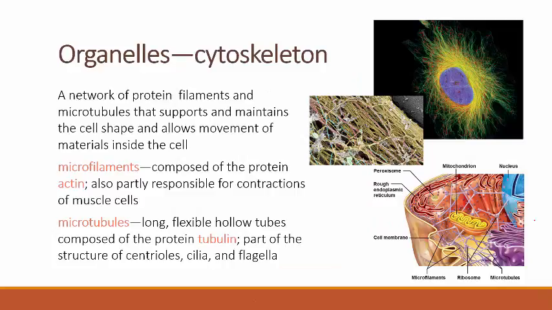Alright, so we're getting now to the end of the organelles that we find associated with a cell. The next set of organelles, or inclusions, are the cytoskeletal elements. The cytoskeleton of a cell is a mesh of protein filaments and microtubules that support and maintain the cell shape.